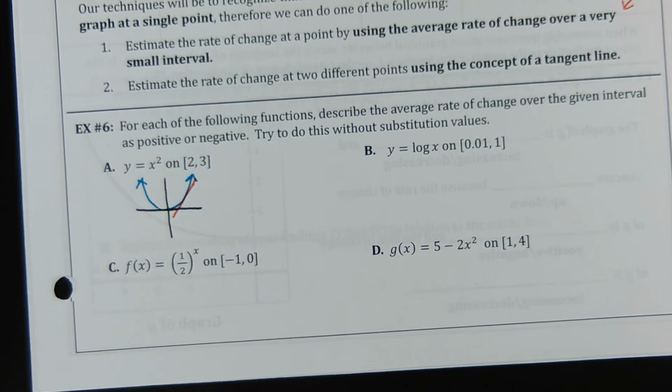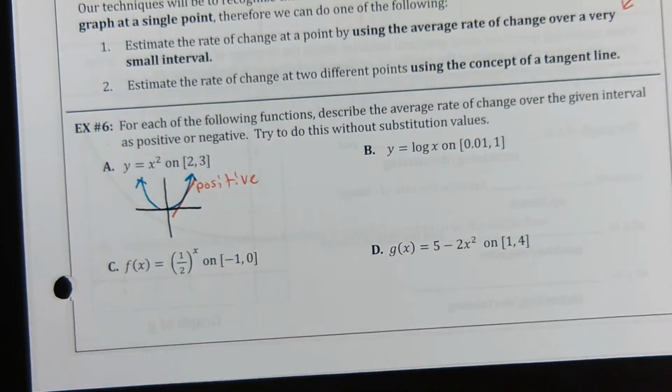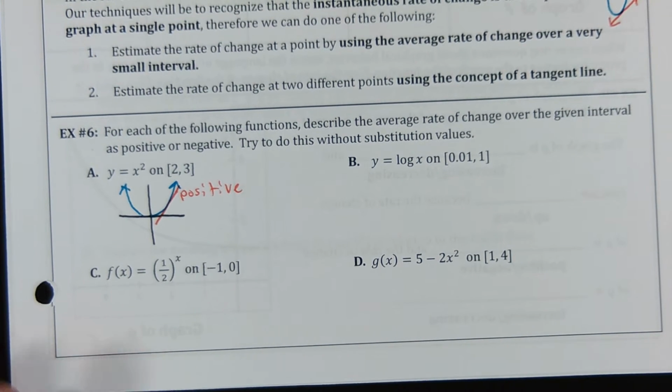Or if I wanted to connect the dots at x equals 2 and x equals 3, I'm just drawing the tangent line. Is that average rate of change positive or negative? It's positive. The slope of that tangent line that I just drew is positive. And that's without actually plugging in numbers. So I haven't had to actually do the average rate of change.